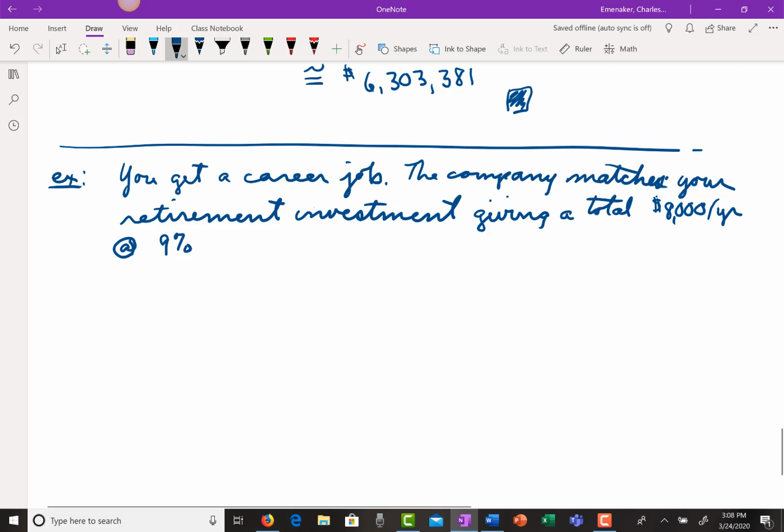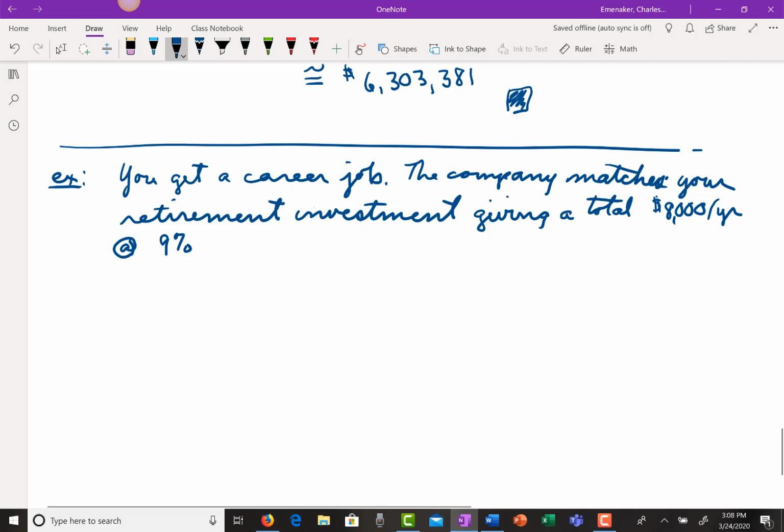Okay. In this case, you're not just taking and depositing the money once a year. It's being put in every week, every 2 weeks, every however often it is that your company pays you. So what we're going to do is treat this in two different ways.